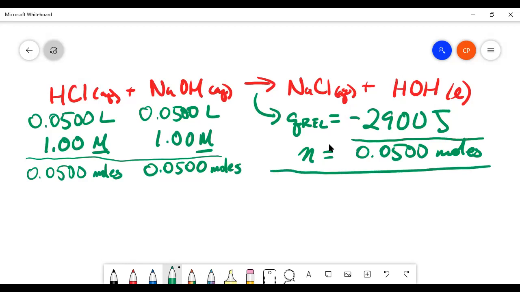And the heat that I observe released from this reaction divided by the number of moles turns out to be equivalent to the enthalpy of reaction. I abbreviate reaction with RXN. And I punch in negative 2,900 joules over 0.0500 moles. And the enthalpy of reaction of this story turns out to be negative 58,000 joules per mole.